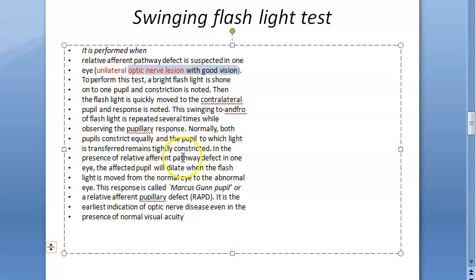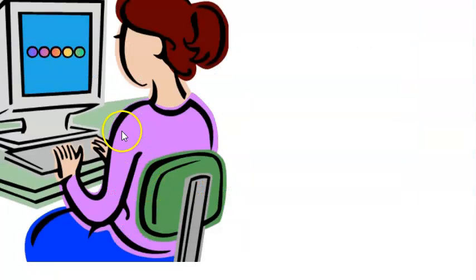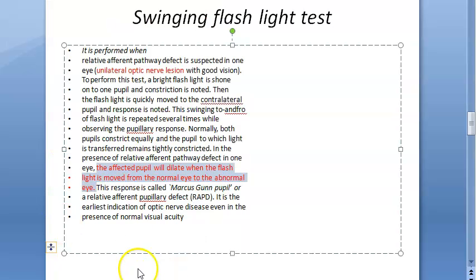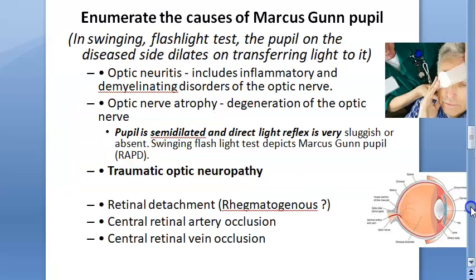So guys, did you understand? In the presence of relative afferent pupillary pathway defect in one eye, the affected pupil will dilate. The affected pupil will dilate when the flashlight is moved from the normal eye to the abnormal eye. Okay, this is important. What did you understand, guys? It is an early indication of optic nerve disease. So it is important. Okay.